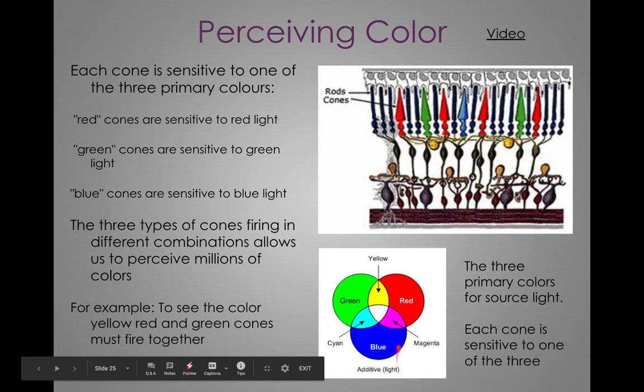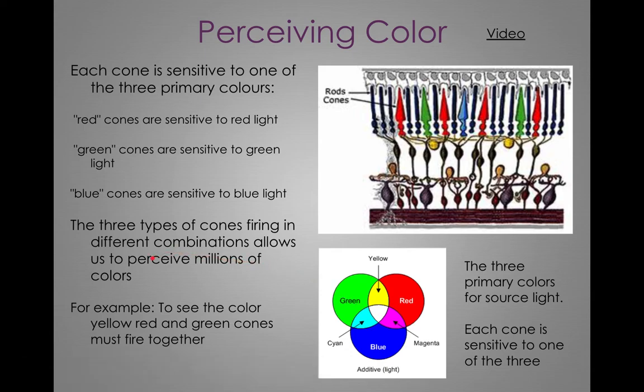So if we combine red, green, and blue, you're actually going to perceive white light. If you combine red and green, you get yellow. Green and blue, cyan. Blue and red, magenta. Different combinations of different sources of light allow us to perceive millions of colors.